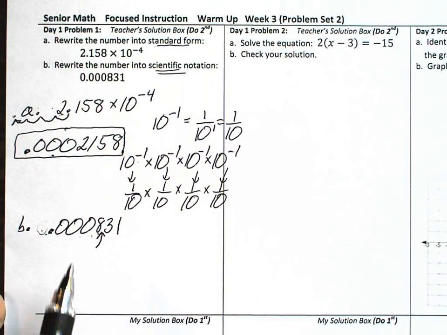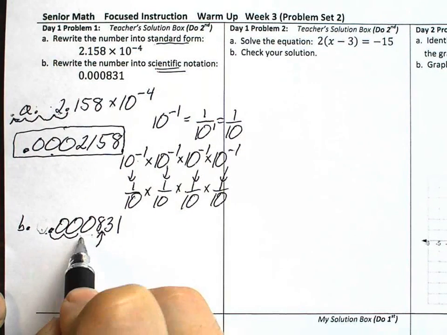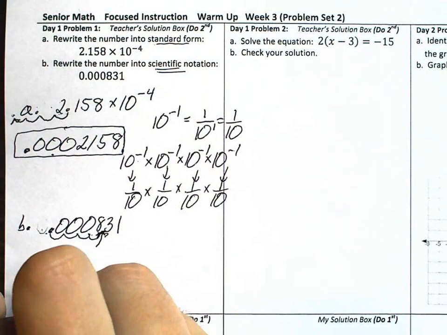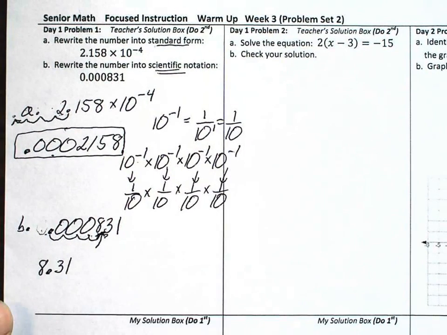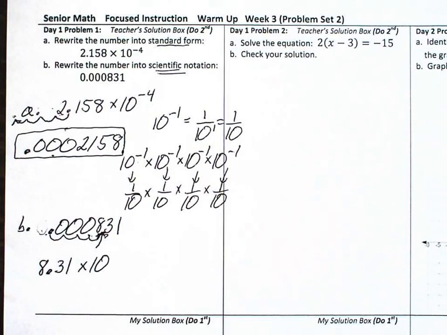So that means we need to move the dot. Let's count. 1, 2, 3, 4 spots. That's going to create 8.31. And now times 10. Remember how it was 4 spots? But let's put some careful thought into this.